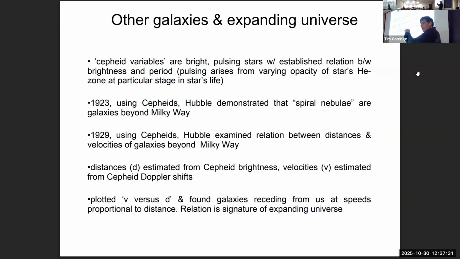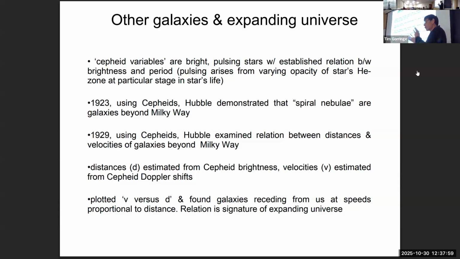Basically, they're kind of like a known candle or a standard candle. You can determine the distance to these Cepheid variables based on their brightness. You can determine their motion with respect to us, whether they're approaching or receding from us and how fast, based on the Doppler shifts of their light.